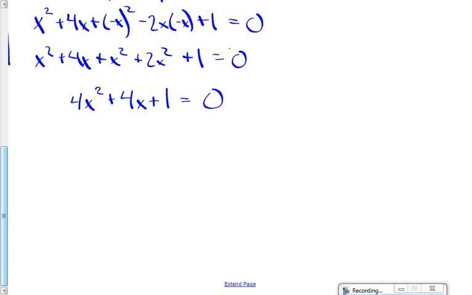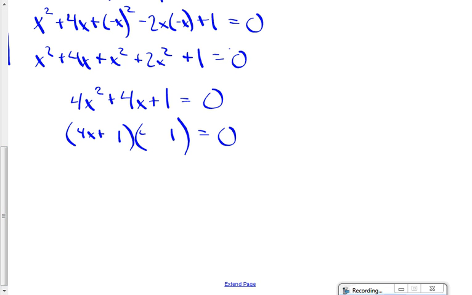Can we factor? Quadratic equals 0, you want to consider this. There's factors that'll work. Does this work?